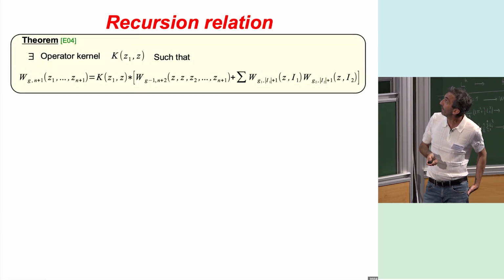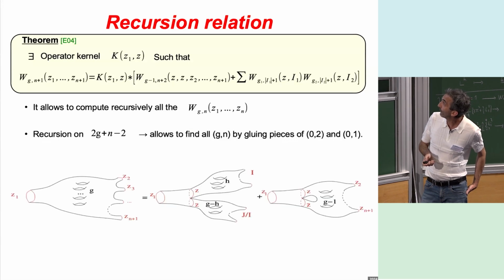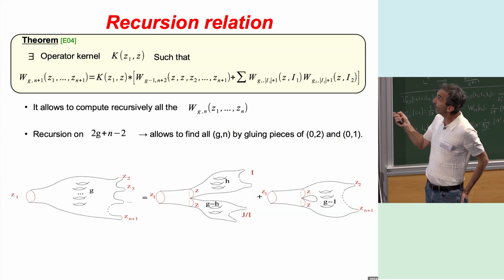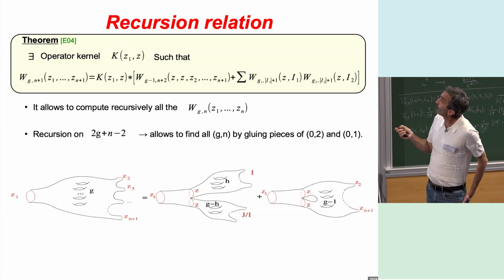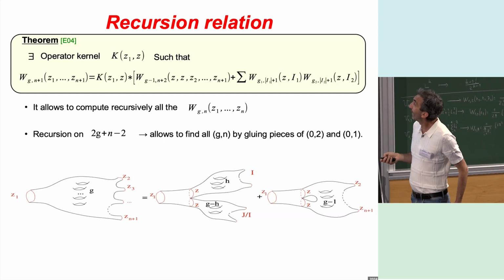So this is just what I just said. It's a recursion on the genus. There is a nice way to represent this formula. Think of the terms that you have in the bracket. You want to compute W_{g,n+1}, so maps of genus g with n plus 1 marked faces, which I call boundaries.